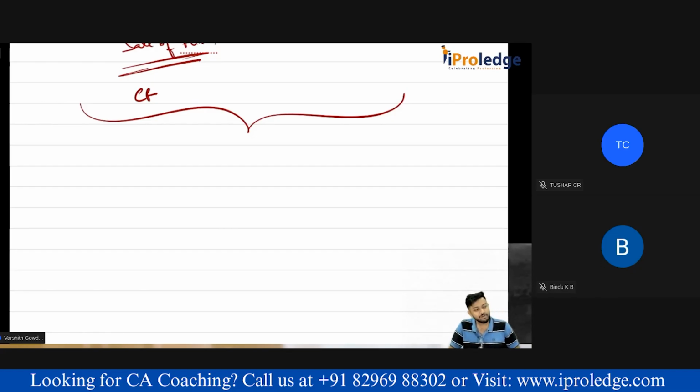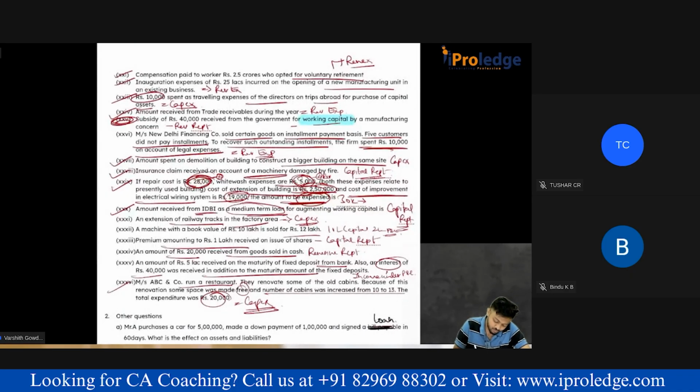If I am getting money from any activity other than the ordinary or normal course of business, then it becomes capital receipt. Simple criteria. In the line of business, whatever I am doing as normal business within the business, that is revenue. Okay. Now let's see some examples for this.